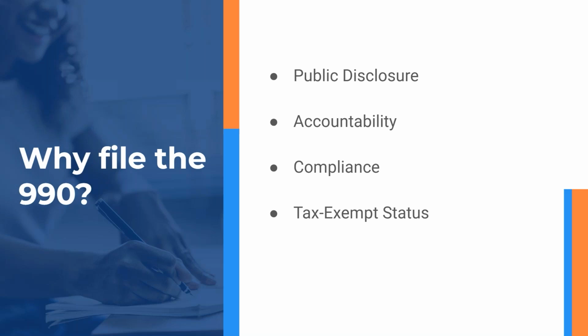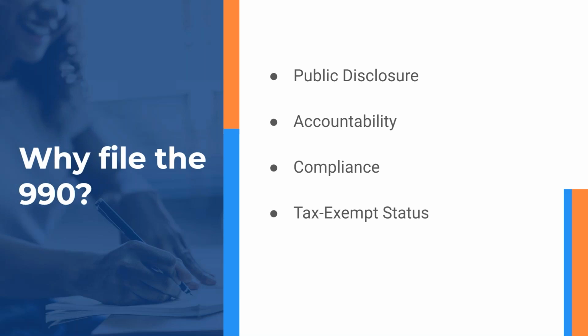Now let's look at why we should file the 990. Filing Form 990 is essential for tax-exempt organizations for several reasons. The biggest is the annual IRS requirement. Others include compliance, to ensure that your organization complies with IRS regulations. Failure to file can result in penalties or even loss of tax-exempt status.